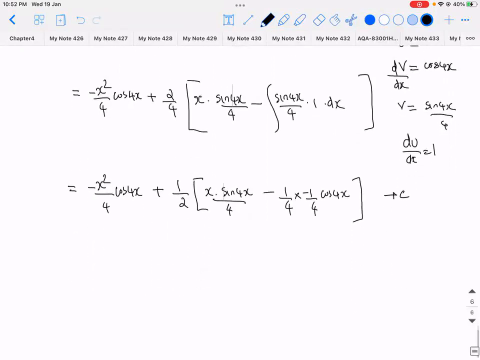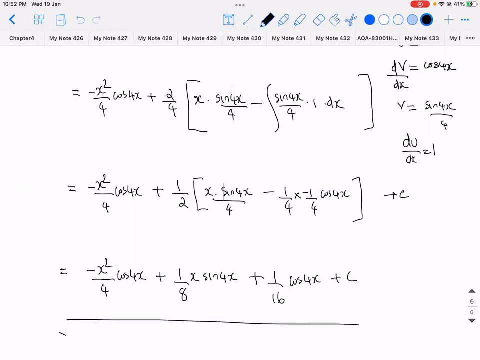If you rearrange this answer, it becomes minus x square by 4 cos 4x, plus 1 over 8 x sine 4x, minus into minus becomes plus 1 over 16 cos 4x plus c. So that is the answer for this question.